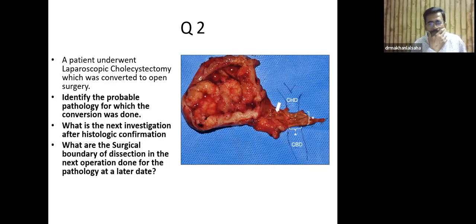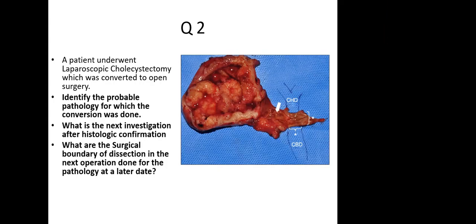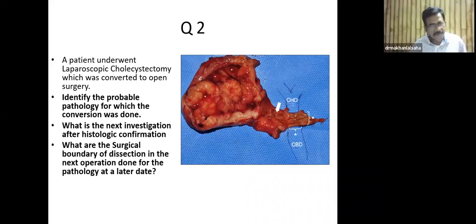What are the surgical boundaries of dissection in the next operation done for the pathology at a later date? Sorry, depending on the histological features, the extension of the tumor, I want to go for a standard radical cholecystectomy if the disease is confined to the gallbladder. If the disease has extended beyond the gallbladder, or you have distant nodes being involved, you will not proceed.